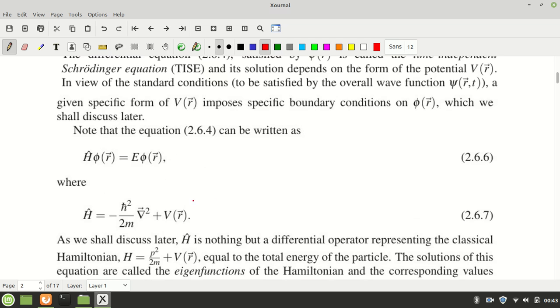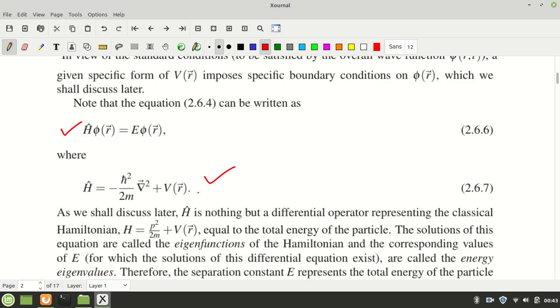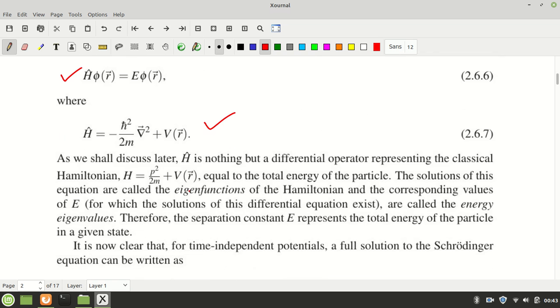We have discussed this one. So the left hand side in operator form can be written as the H operator operating on phi, and the right hand side is E phi. So this is an eigenvalue equation, and E is the eigenvalue corresponding to the Hamiltonian operator. So E is called the energy eigenvalue.